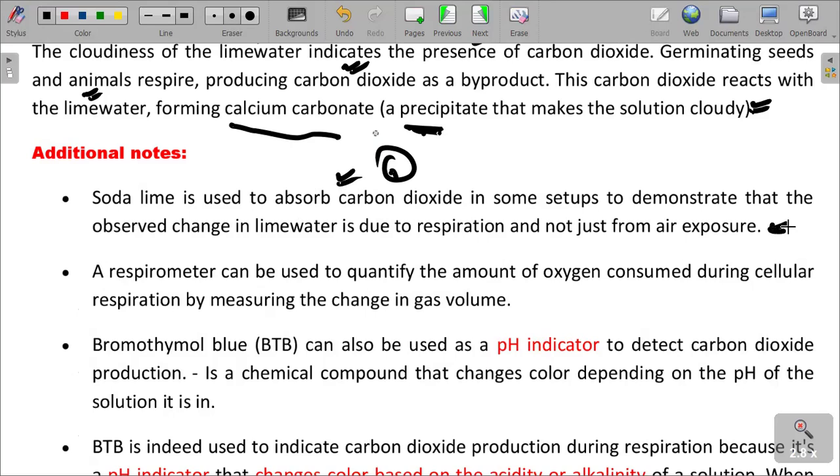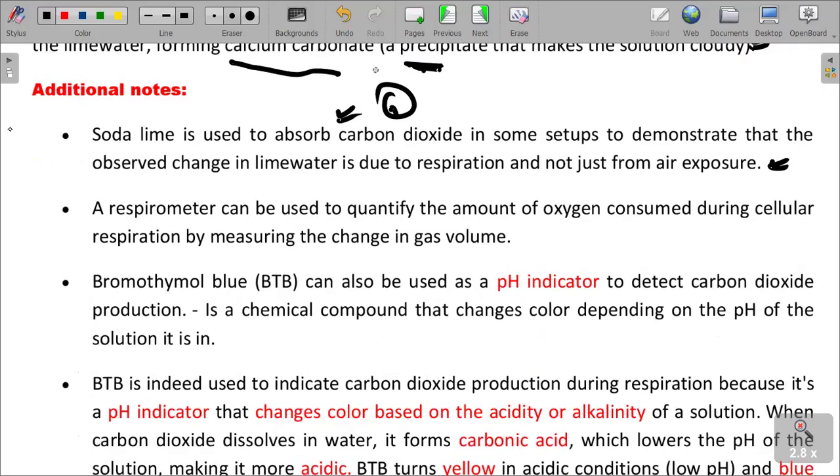So now, understand this, class. When we say air exposure, we are talking about atmospheric air. That's one thing that we should remember there.